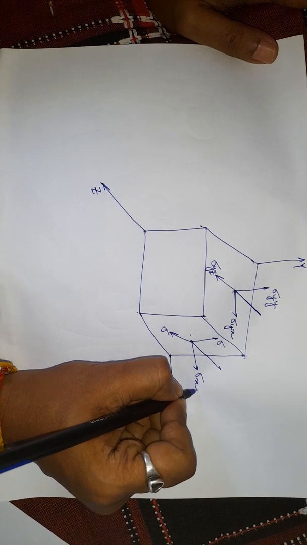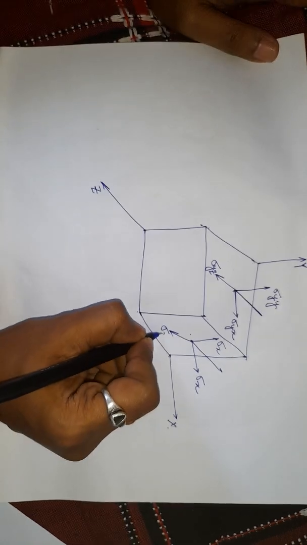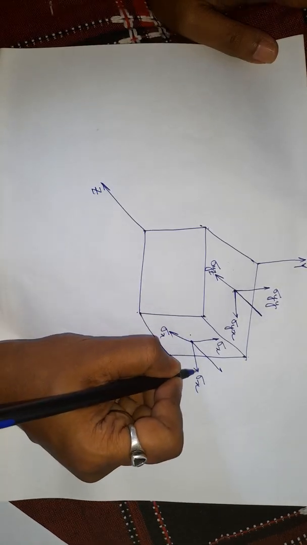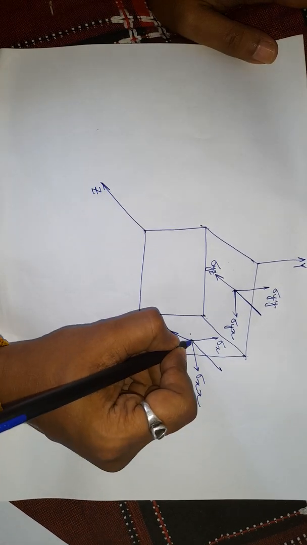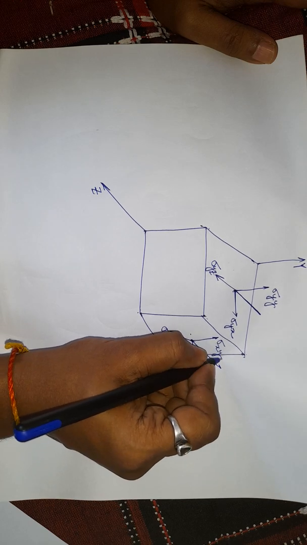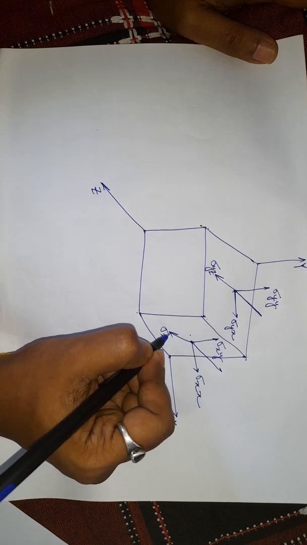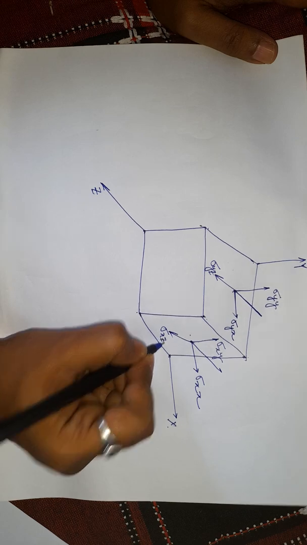So the first suffix will be x. Now the component of force along the x-axis, the second suffix will be x, sigma xx. The component of force along the y direction, sigma xy. The component of force along the z direction, sigma xz.